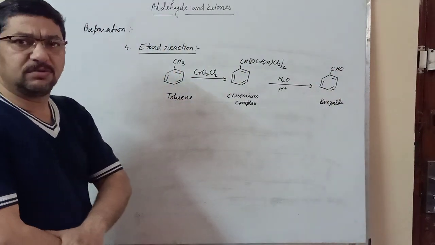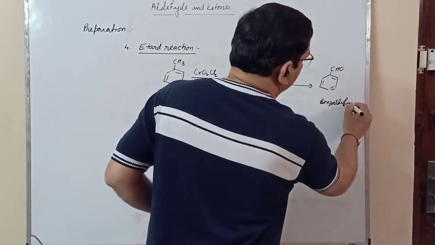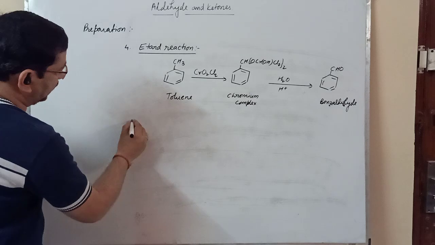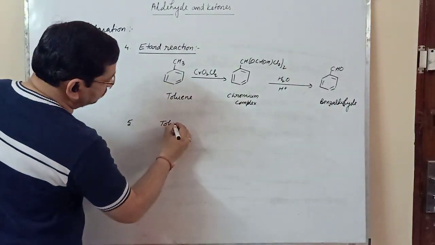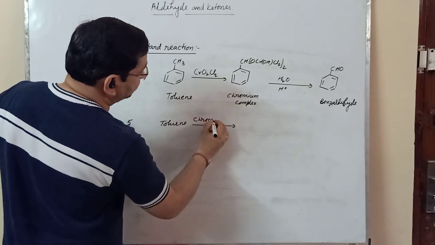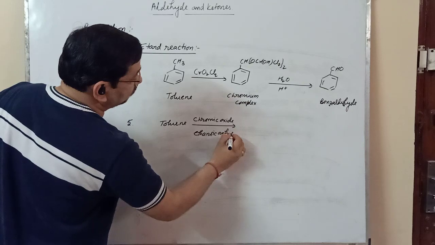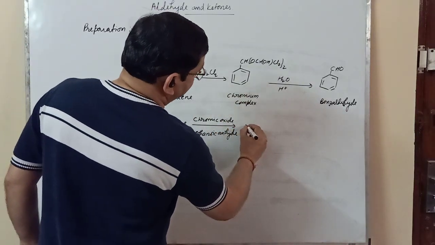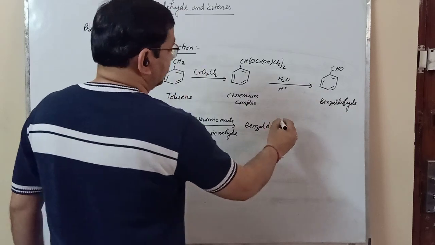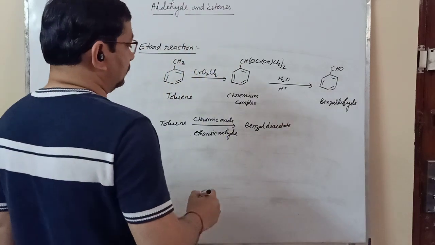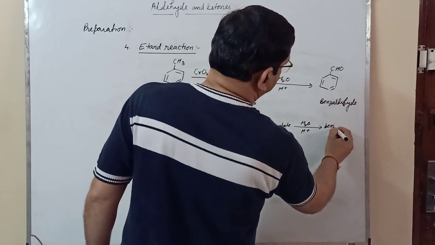Toluene can also be converted into benzaldehyde by using other methods, like toluene on oxidation with chromic oxide in presence of ethanoic anhydride gives benzyl diacetate, and this on hydrolysis gives benzaldehyde.